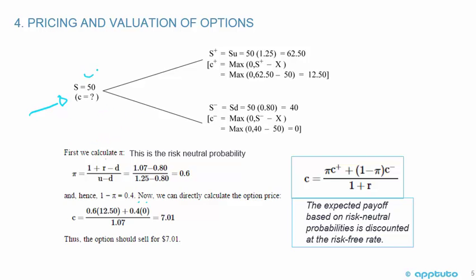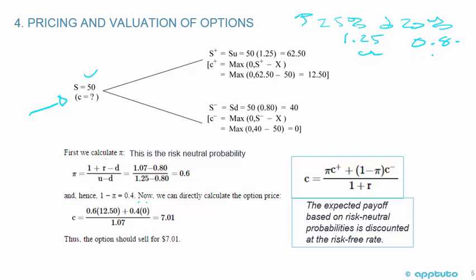Recall that the stock price is 50 and the exercise price of the option is also 50. The stock could go up by 25% or it could go down by 20%. Okay, so we had an up factor of 1.25 and a down factor of 0.8.